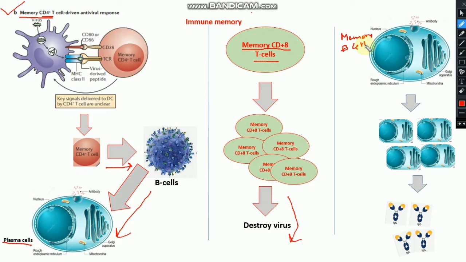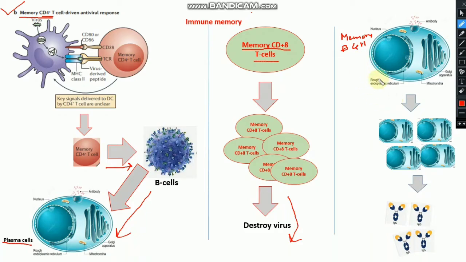So memory B cells also, from the B cells, some small portion of the cells survive for a longer time, and they can be activated when a similar kind of pathogen reinfects.